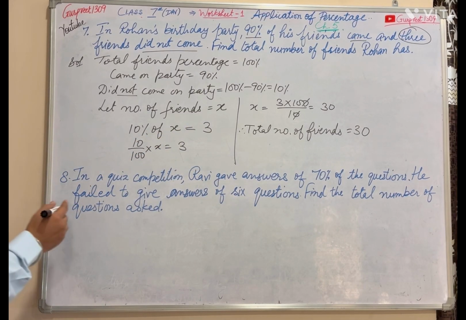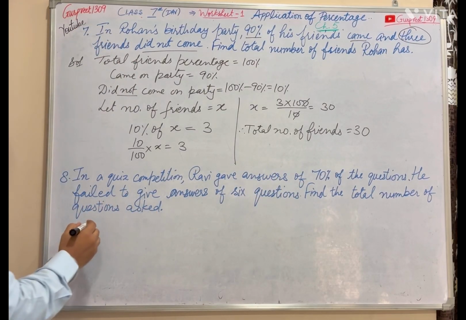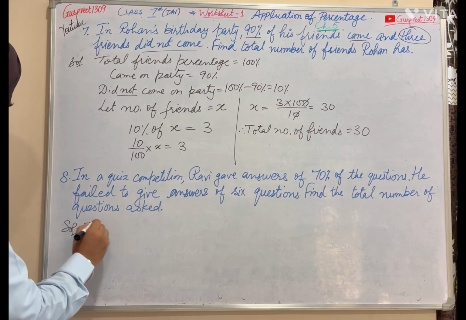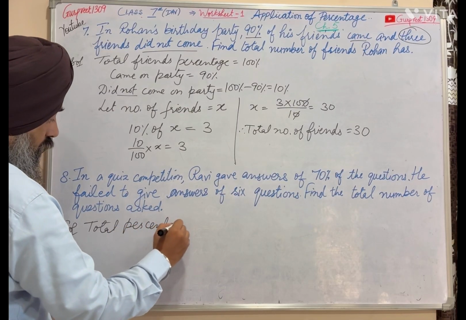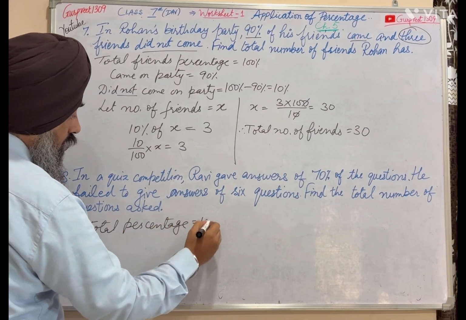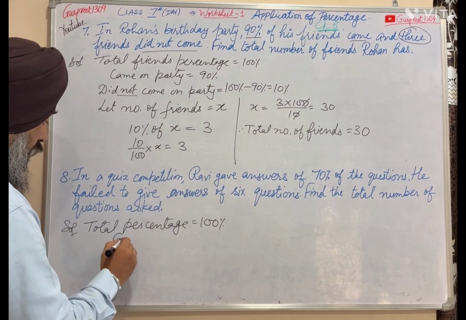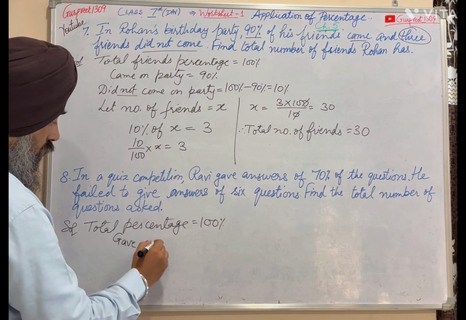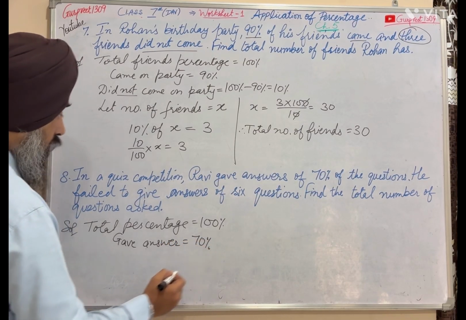Now in the case of the 8th, quiz competition, Ravi gave answers of 70%. The same thing is there. Total percentage is 100%. Gave the answer: 70%.